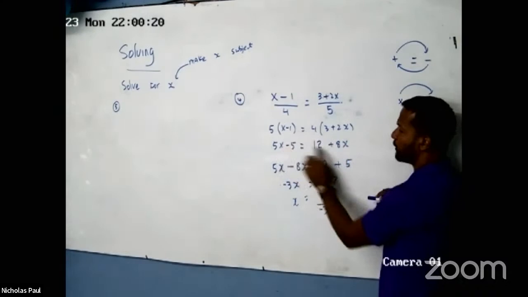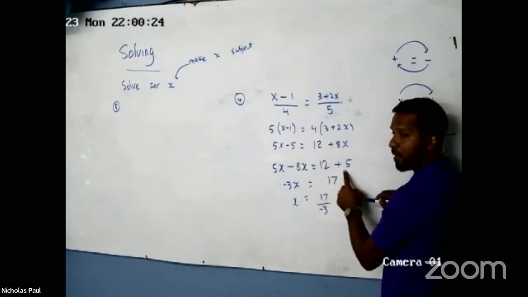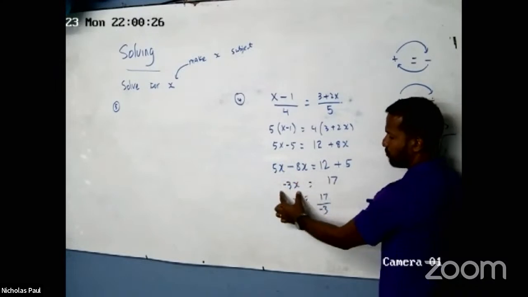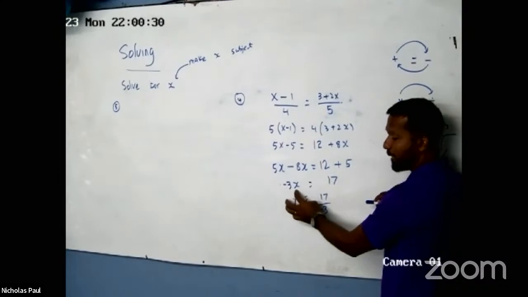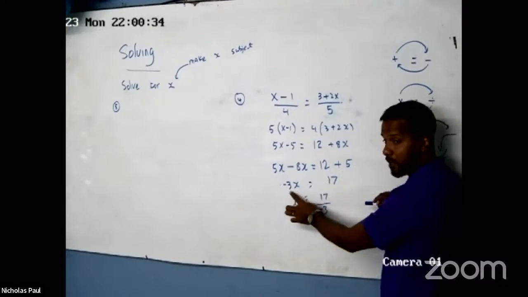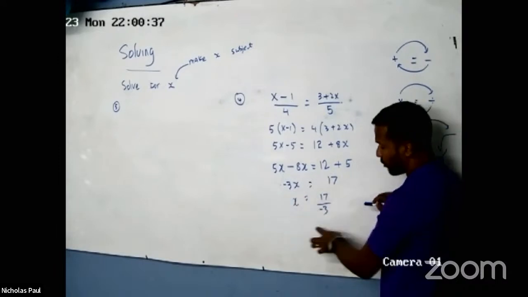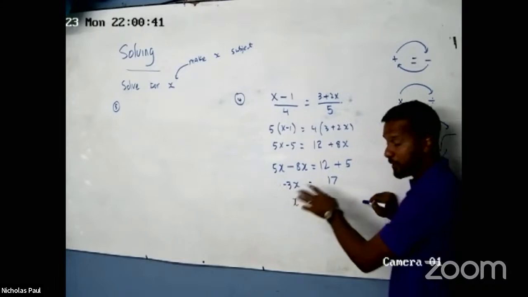So carry across positive 8x, it becomes minus. Carry across minus 5, it becomes plus. Move this out, you get this. Minus 3x is equal to 17. This is multiplied. When you move the multiplied across, it becomes divide. This is not minus 3 as a subtraction, so the sign will not change.